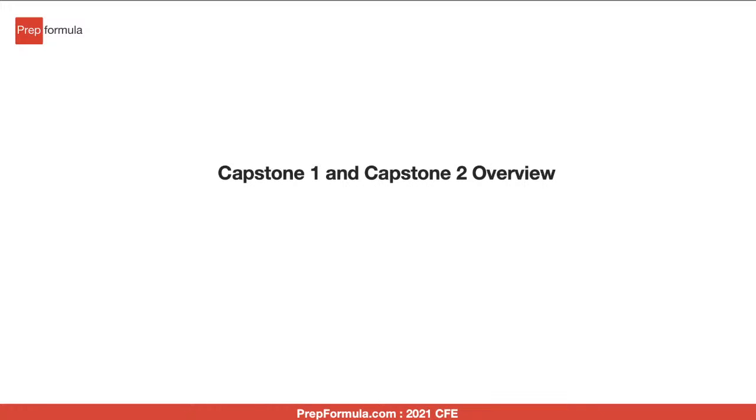So let me first get started with a quick introduction of the overall process. And maybe it's helpful for me to start with Capstone 1, because Capstone 1 is generally required by most candidates. And I mean that by most candidates because depending on what background you come from, there are some exceptions.